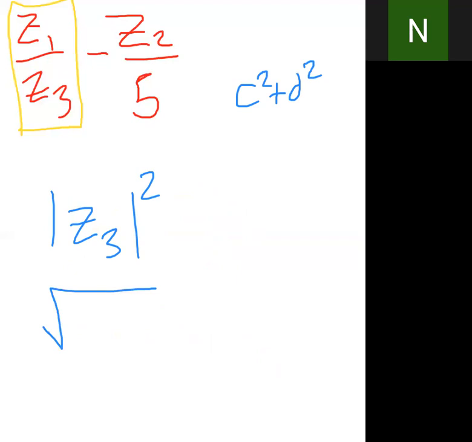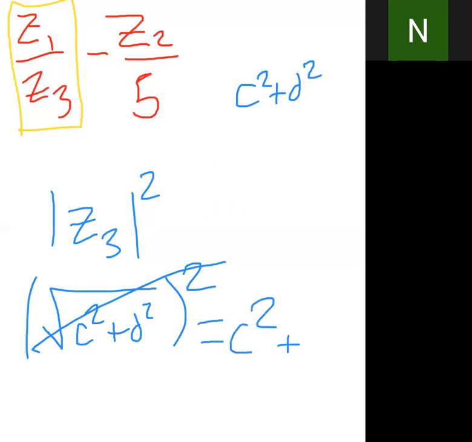Remember, this is the distance formula. So C squared plus D squared, squared, and those just cancel out. So you're just left with C squared plus D squared. Whichever way helps you remember it, either way is fine.